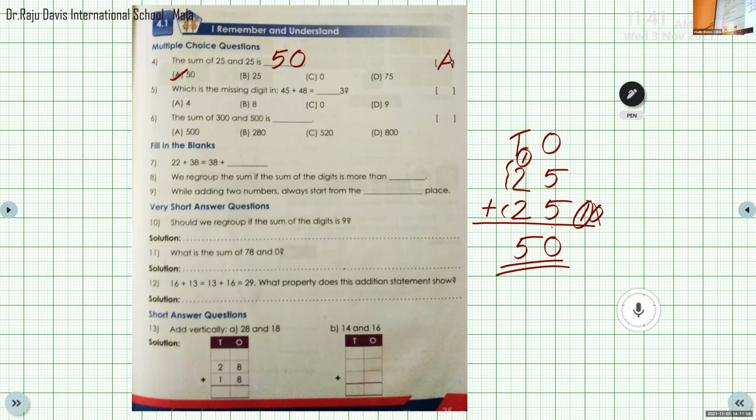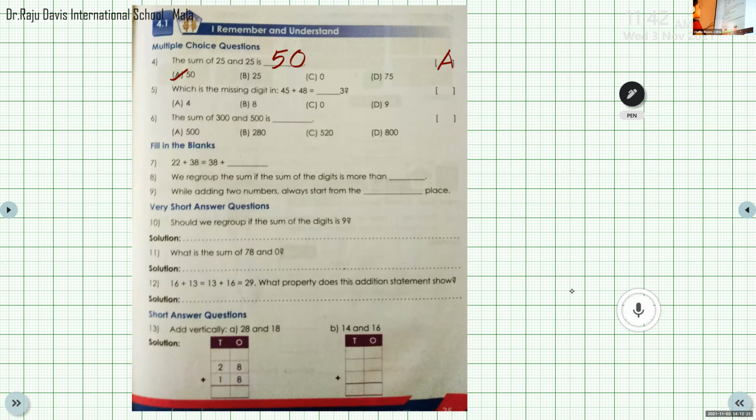Which is the missing digit in 45 plus 48? 45 plus 48 is equal to dash 3, and the 3 is also there. So for getting the answer, what do you have to do? All of you please add the numbers 45 and 48, and check the answer.